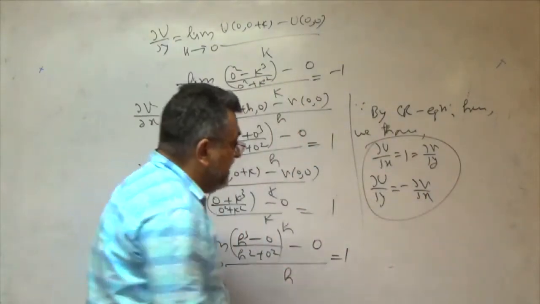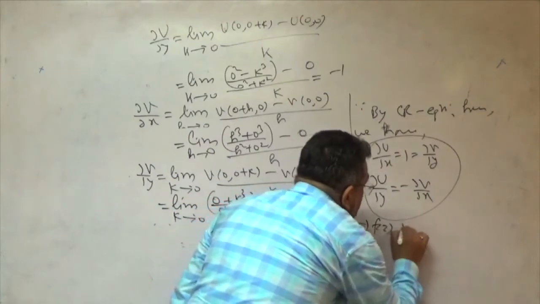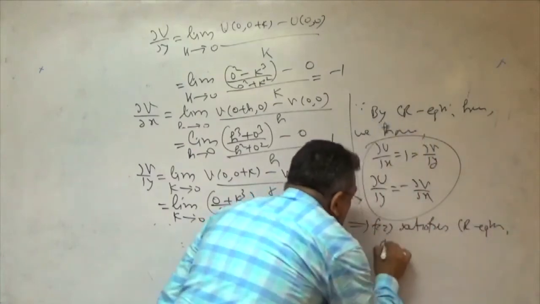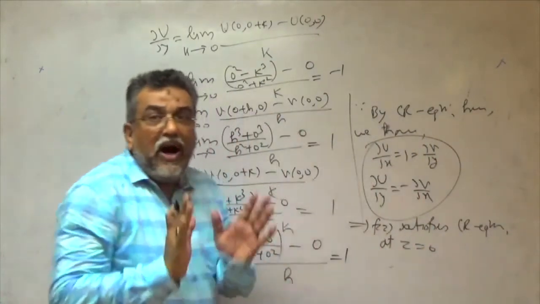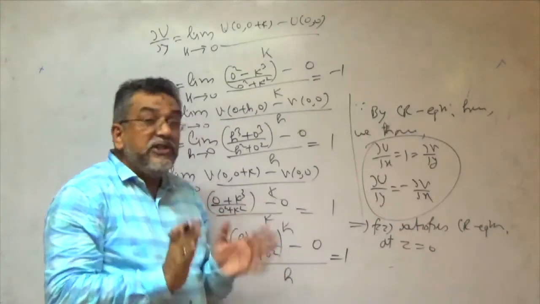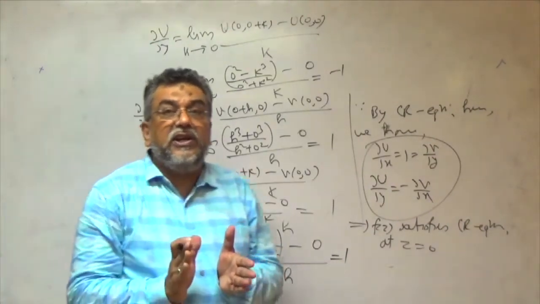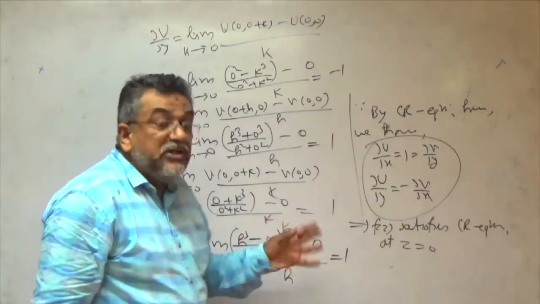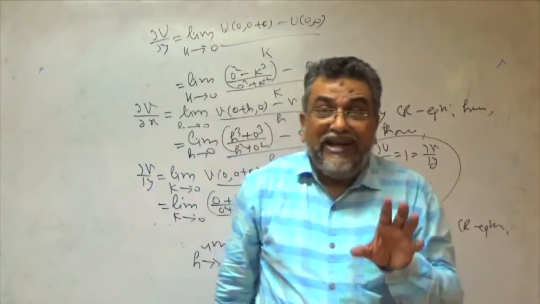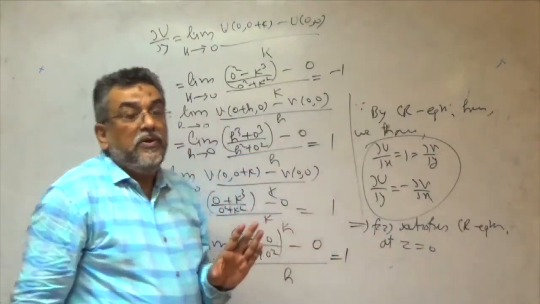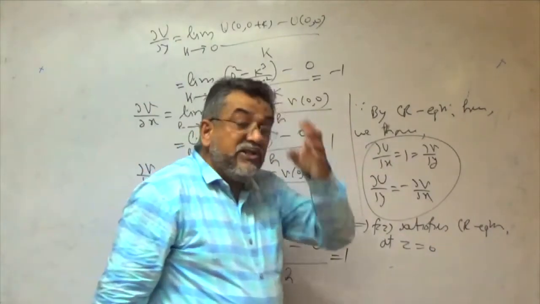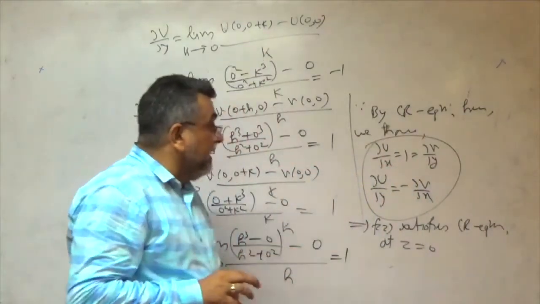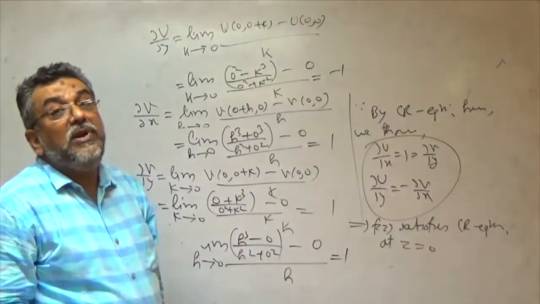This implies that f(z) satisfies the CR equations at z equal to 0. This is the answer to the first part of the question. The given function satisfies the CR equations at the origin, but that is not sufficient for analyticity of the function. So the second part of the question is whether the function is analytic at the origin. So we have to see whether at the origin the function is differentiable or not.